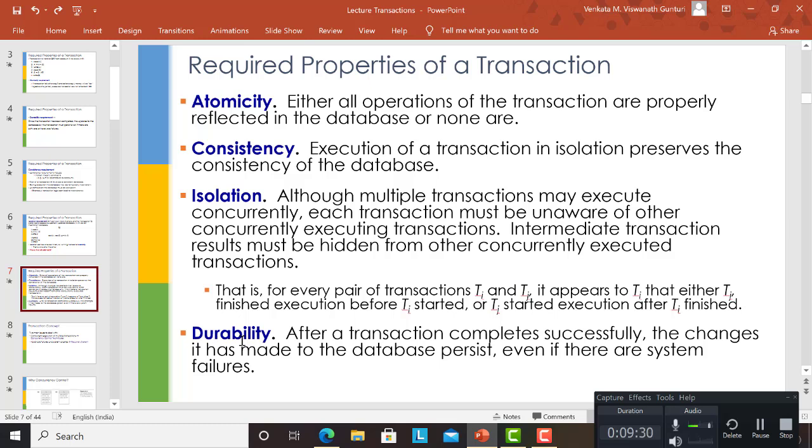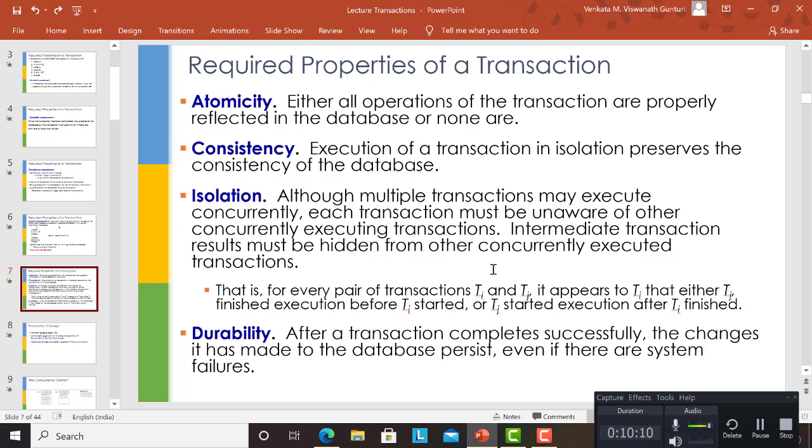Okay, and now the database system is actually designed to address these things. So atomicity and durability, these two properties are addressed by the recovery manager of a database system. We'll not have time to cover that in this course, but just so you know, atomicity and durability are handled by the recovery manager. Isolation requirement, which is what I said, ensures that intermediate results are hidden, and you don't get garbage values when transactions are interleaving, right?